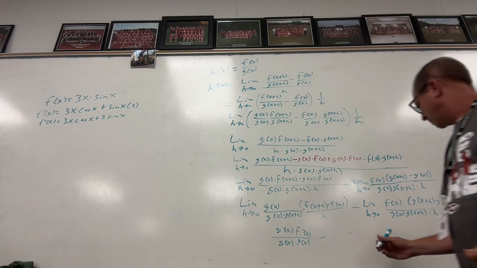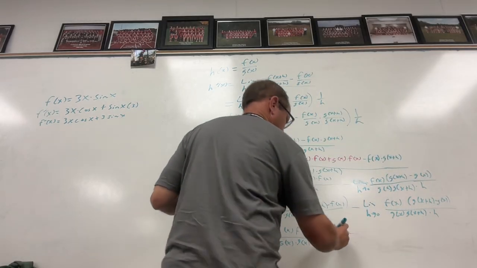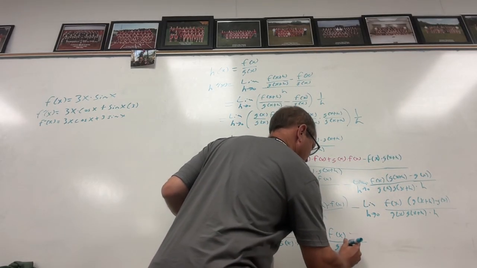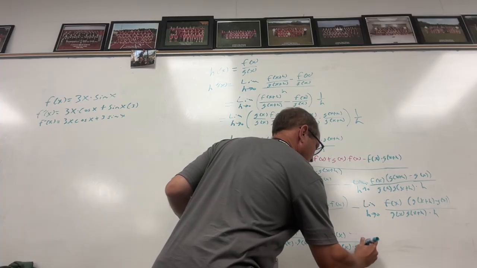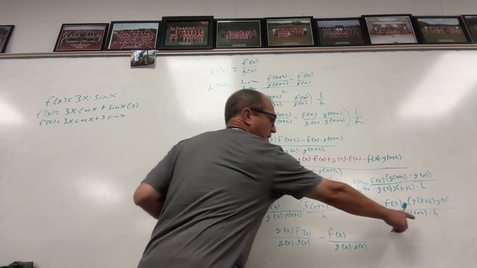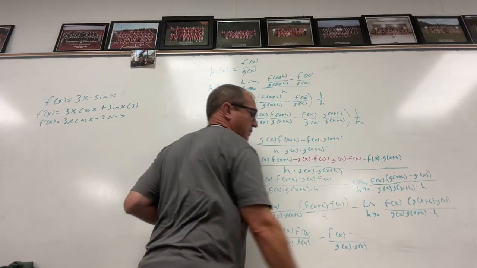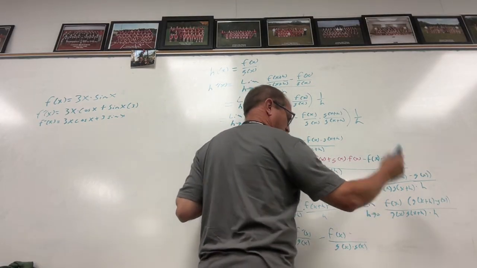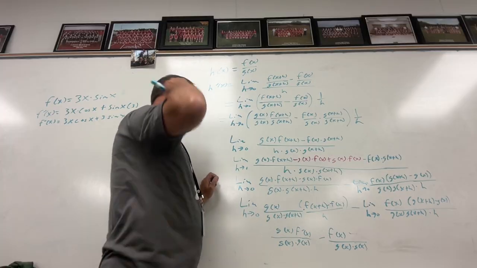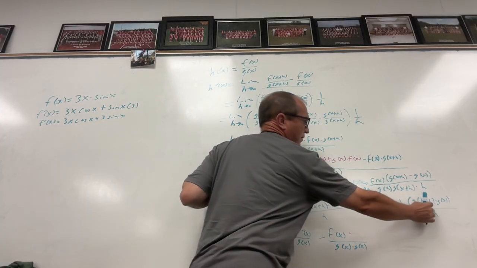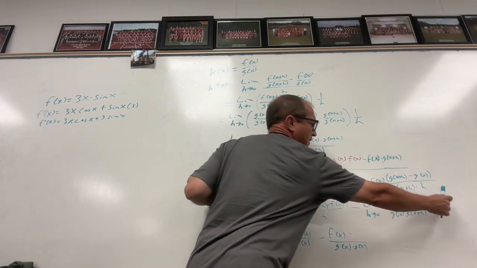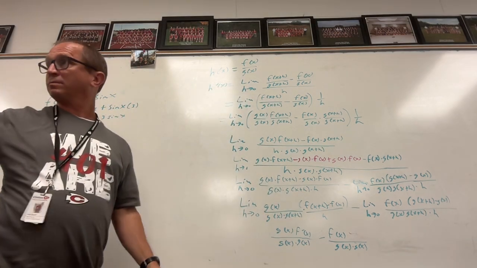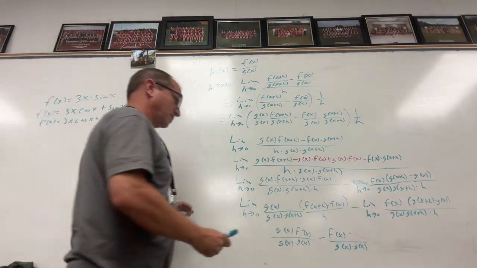That's just going to be f of x over g of x times g of x, because that becomes g of x when h approaches 0, right? And then the limit as h approaches 0 of g of x plus h minus g of x over h is the derivative of g of x, so g prime of x.